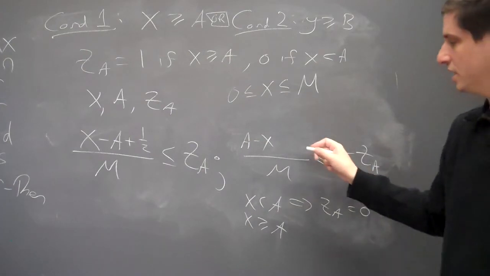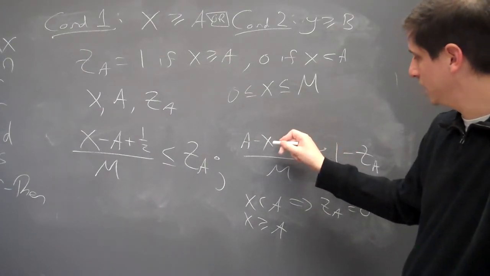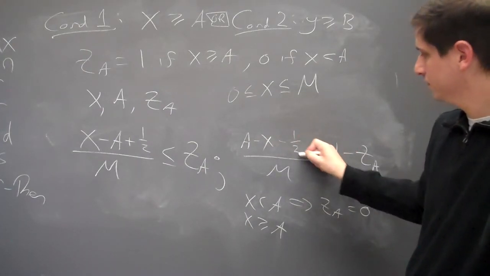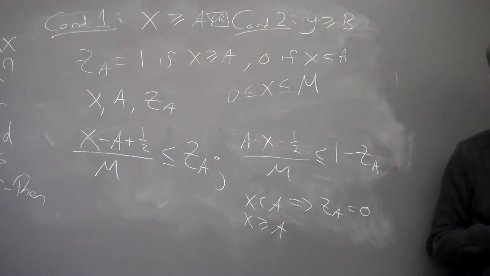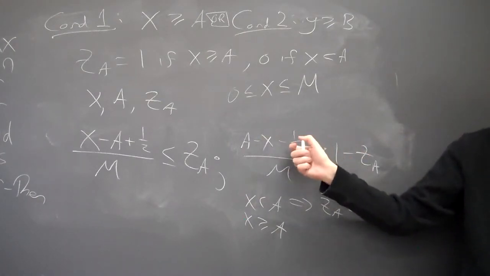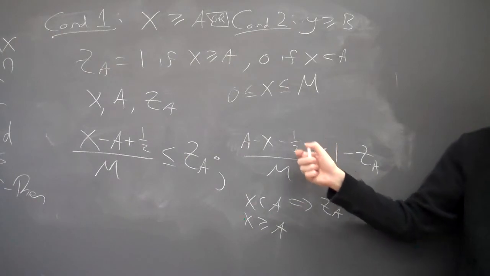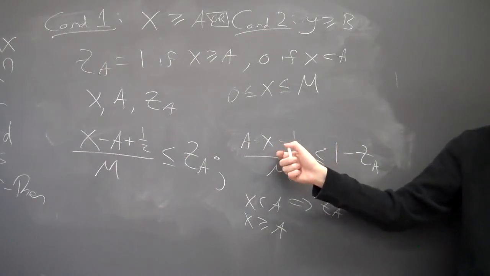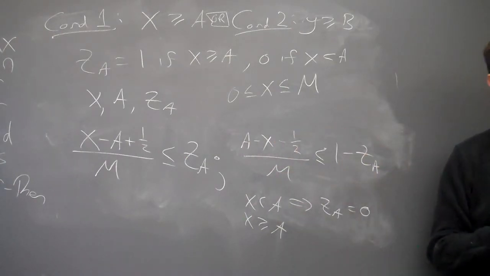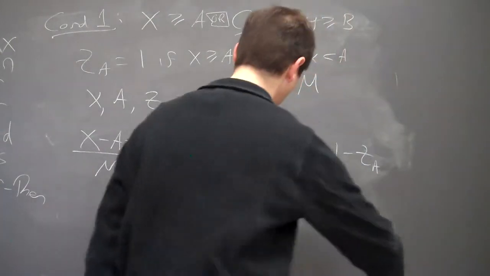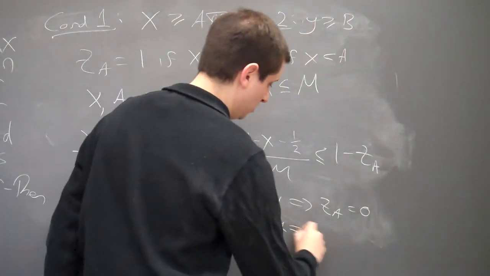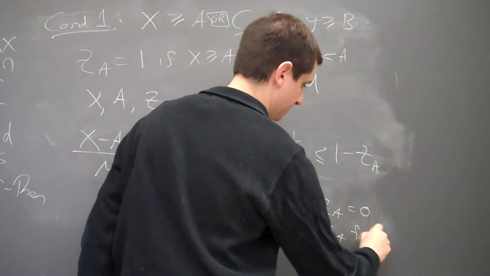So maybe we need to subtract a half. If x equals a, it's negative. If x is greater than a, it's negative. If x is less than a, it's positive. So I think this works, and that'll imply z of a is free.